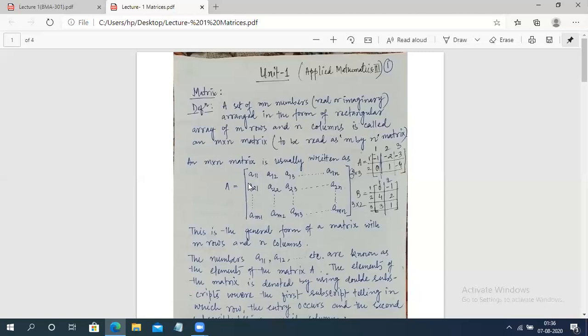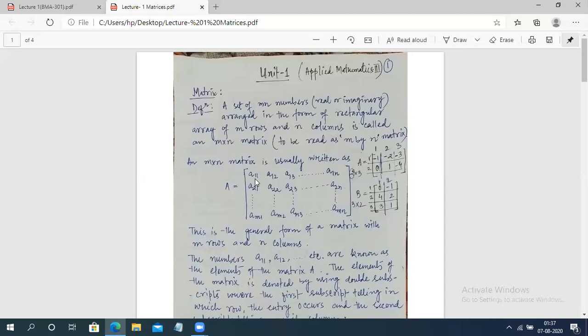Now, how are we writing the elements? We write them like this: A11, A12, A13, and so on, up to A1n. That means any element of a matrix is denoted by 2 subscripts.